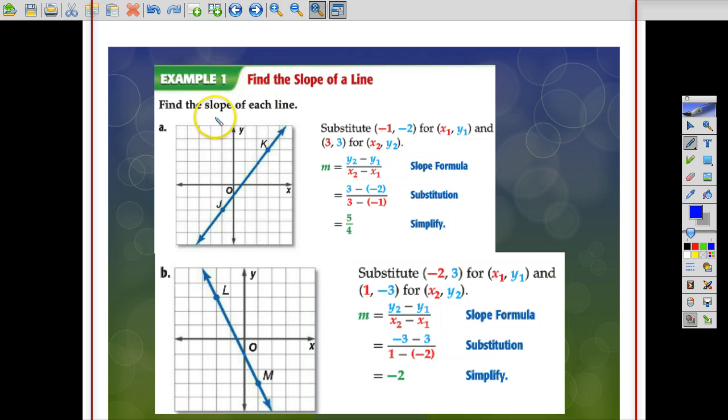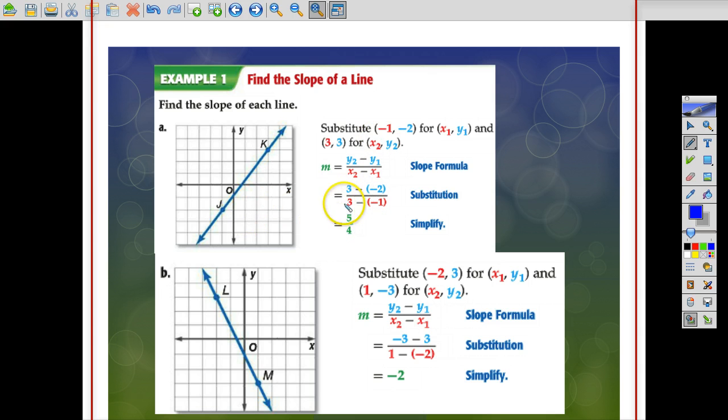Alright, so finding the slope of a line, and this should really be a review for you from last year in algebra. For the slope you do y2 minus y1 over x2 minus x1. So blue minus blue, and red minus red. If you do negative 2 minus 3, then you do negative 1 minus 3. If you want to do 3 minus negative 2, then you do 3 minus negative 1 at the bottom.